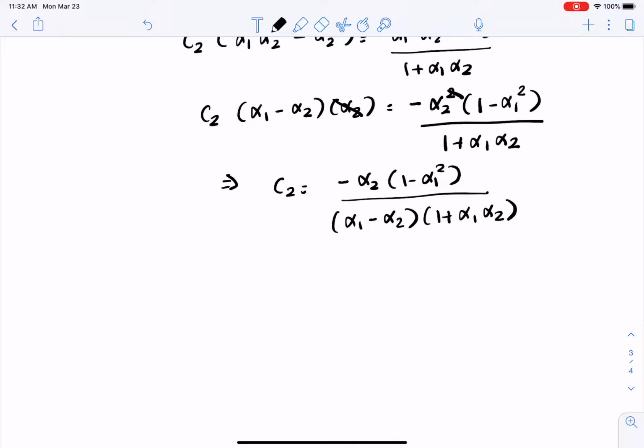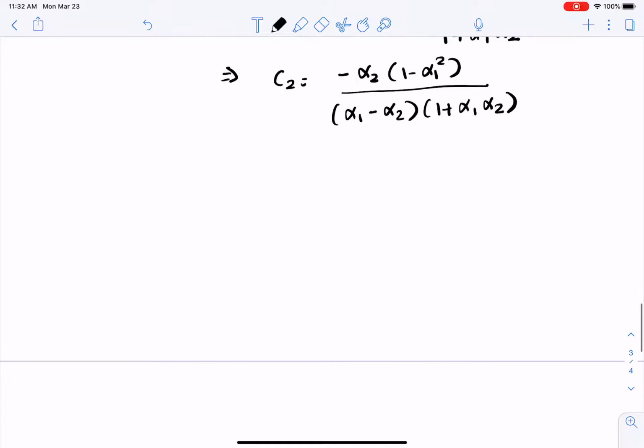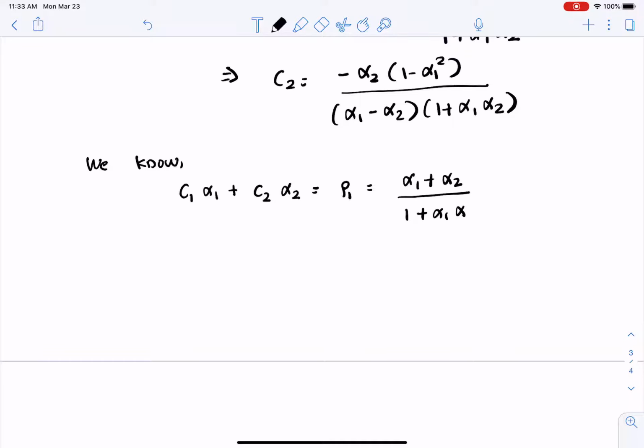So now that we have the value of C2, we're going to take the value of C2, plug it into one of the two equations and solve for C1. So we know C1 alpha 1 plus C2 alpha 2 equals rho 1, which is simply alpha 1 plus alpha 2 over 1 plus alpha 1 alpha 2.